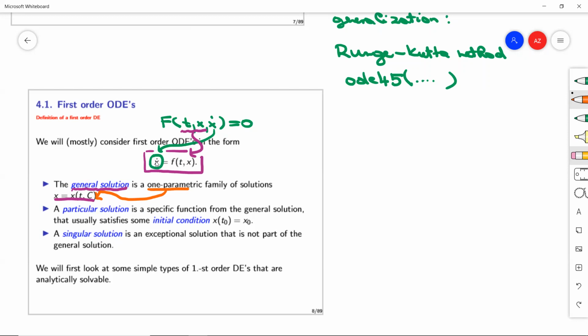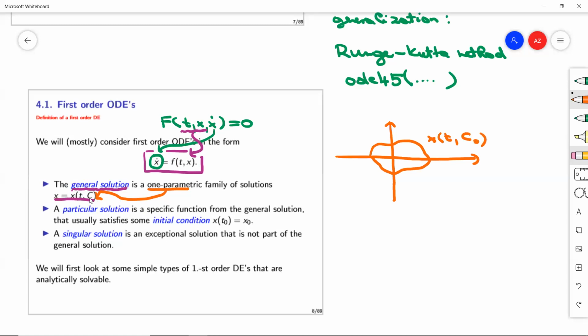So what does this mean geometrically? For example, the solutions are some curves. You know from the chapter on curves that if the solution is one-parametric, t is a parameter. So if we fix c, then x of t with fixed c is some curve. For example, this is some curve, x of t with c fixed, let's say c0.